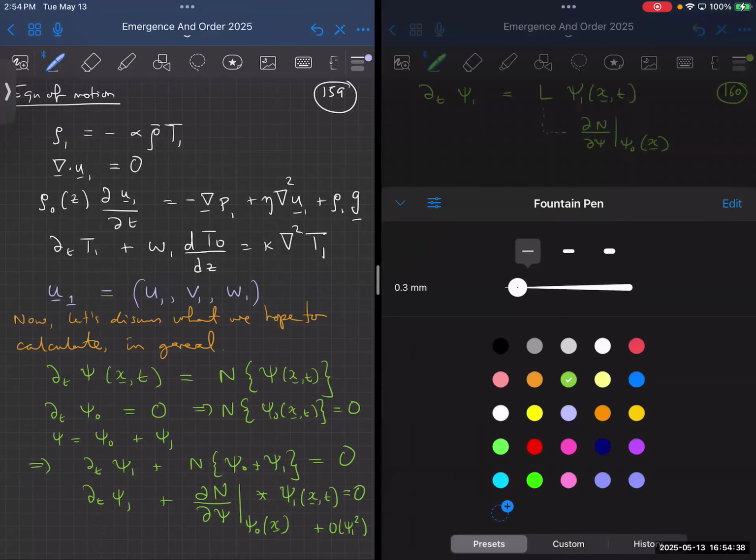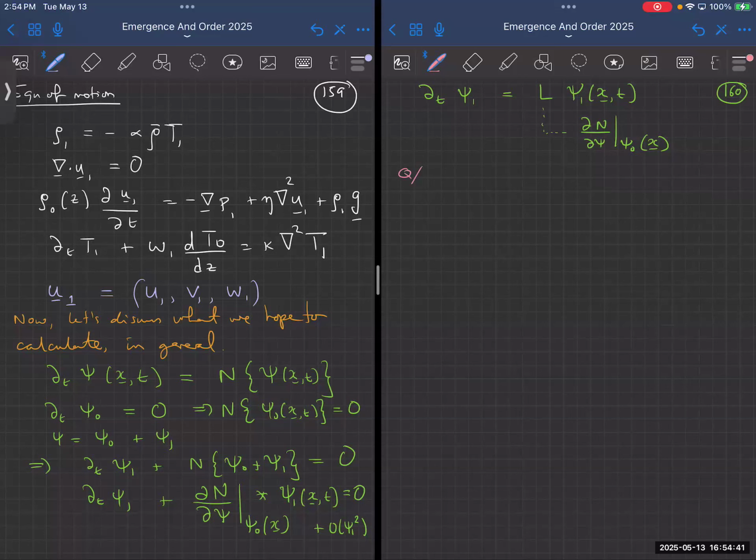So the question that we ask is this: let us make a perturbation where we write psi 1 of x and t is equal to some amplitude times e to the i(k dot x plus omega t). We're doing a Fourier analysis, but the different modes may grow at different rates. So we have to allow for the possibility that omega is a function of k, and we're going to find out what function that is.